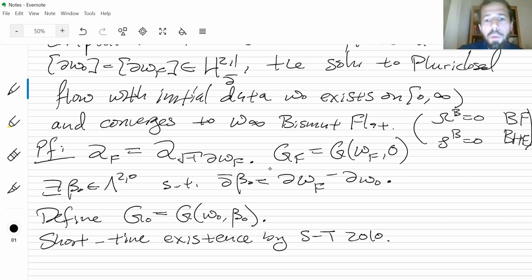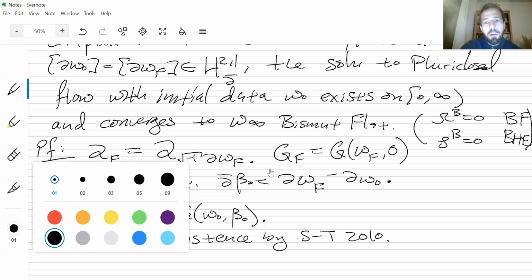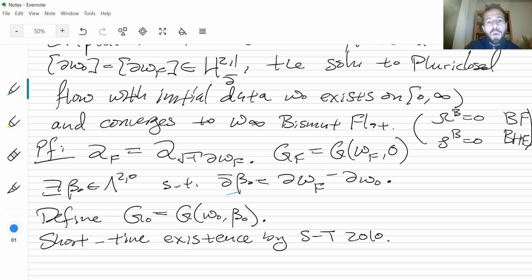Yeah, so maybe one comment. With the integrability condition that you wrote, del bar beta 0 equals del omega f minus del omega 0, the background Courant algebroid and the one defined by omega naught may be different. But the holomorphic vector bundles are isomorphic, and actually the isomorphism is beta.